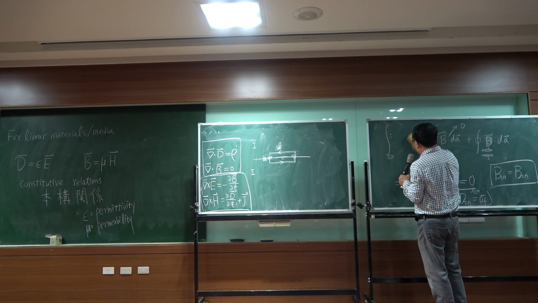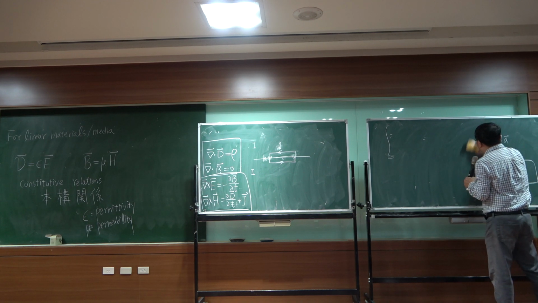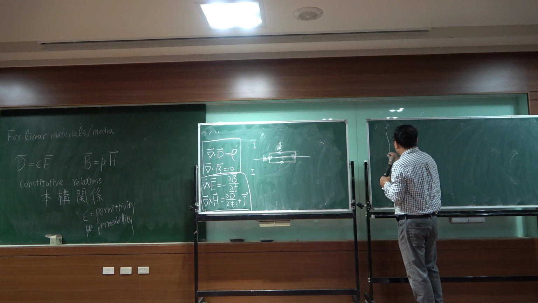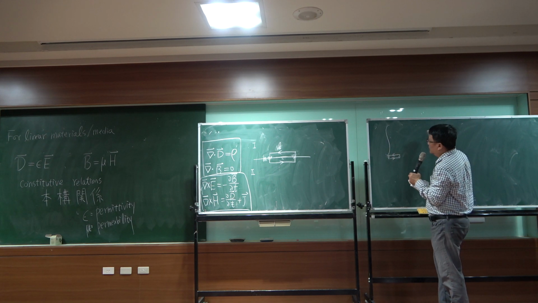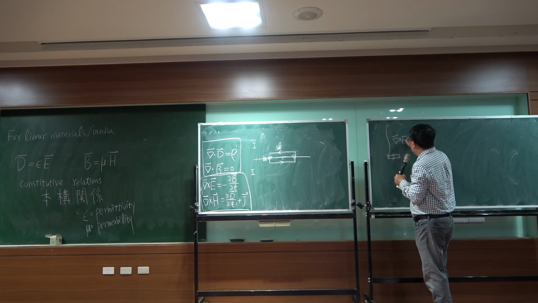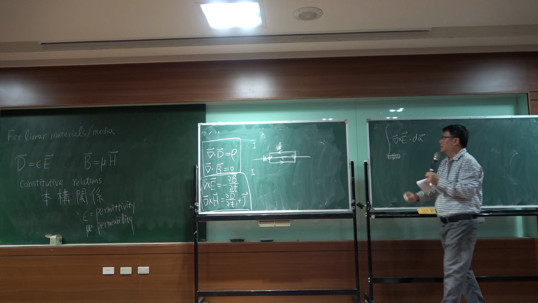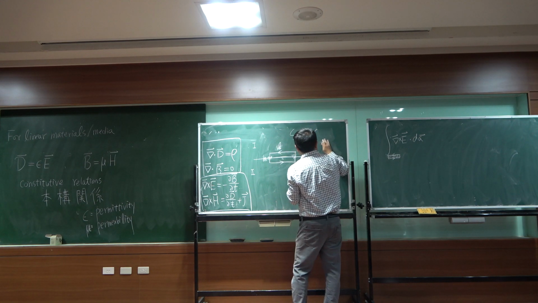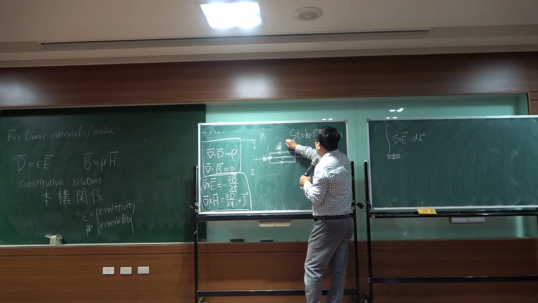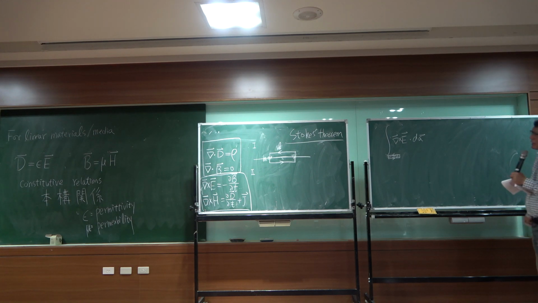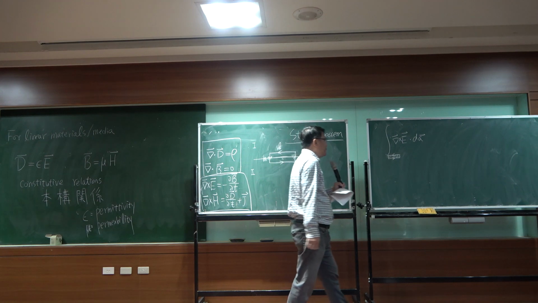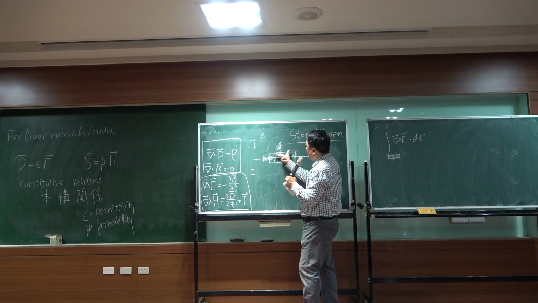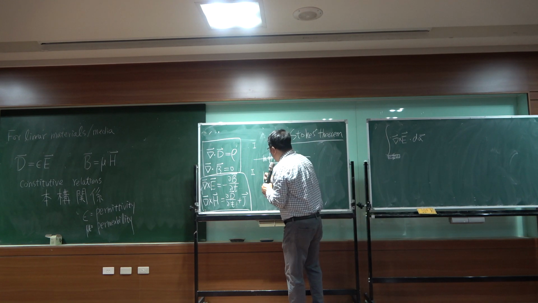Stokes theorem 的意思就是，你可以把面积分转成线积分。好，我们现在考虑 Stokes theorem。好，那应用在这两个式子，So we consider a rectangular loop with two edge lengths equal to L and H, and we also let H go to 0.